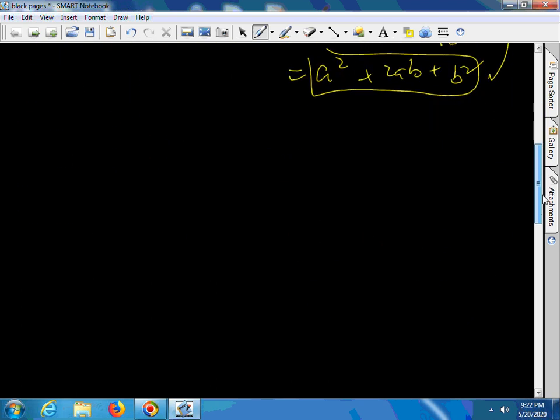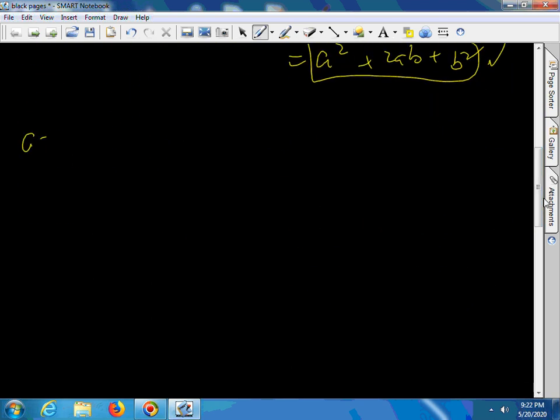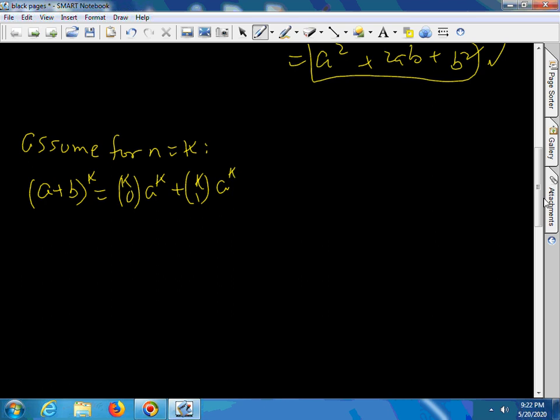So now let's assume the next step. Assume for n equals k, the following is true: (a + b) to the k is equal to k choose 0, a to the k, plus k choose 1, a to the k minus 1 b, all the way down to k choose k minus 1, which will be a b to the k minus 1, plus k choose k, b to the k.